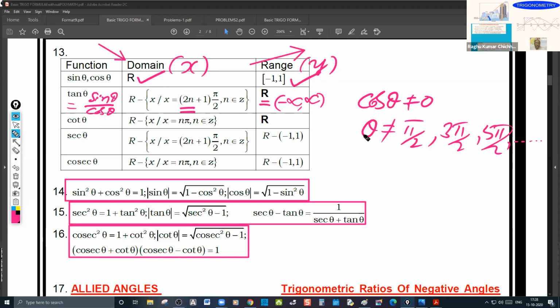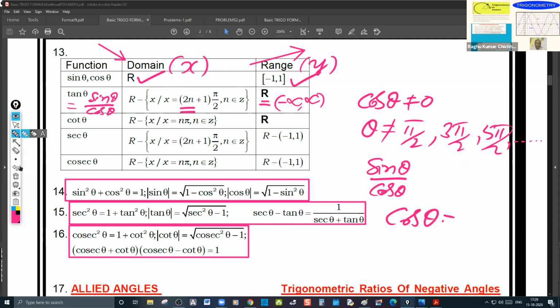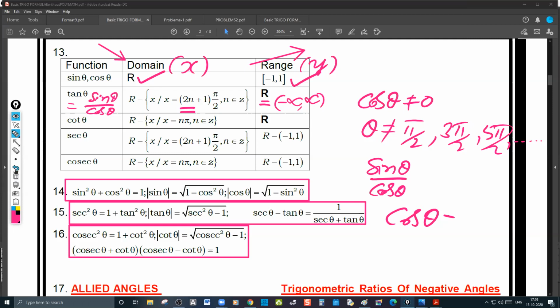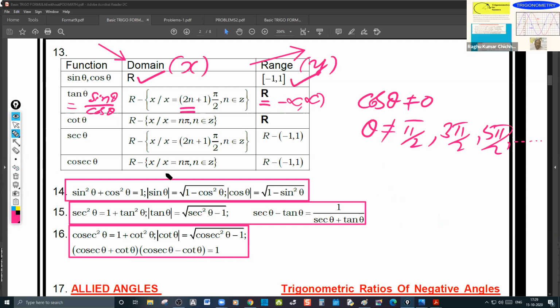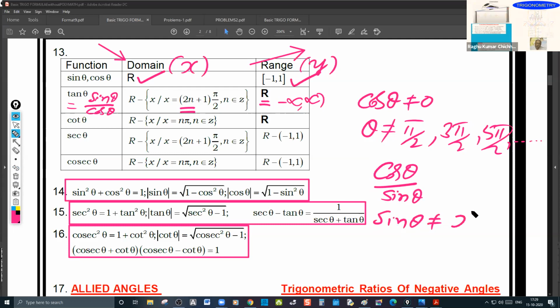Similarly, cot theta is nothing but cos theta by sine theta. I wrote tan there by mistake, so cos theta by sine theta. According to this logic, you tell me what should not be 0. Sine theta should not be 0.